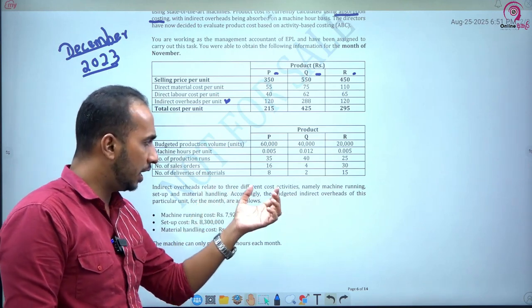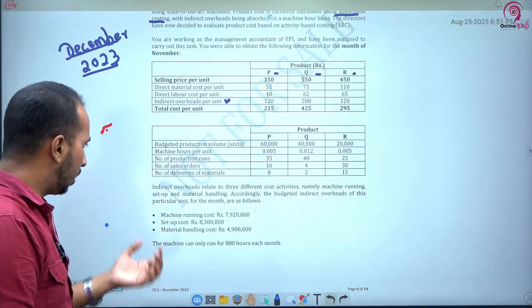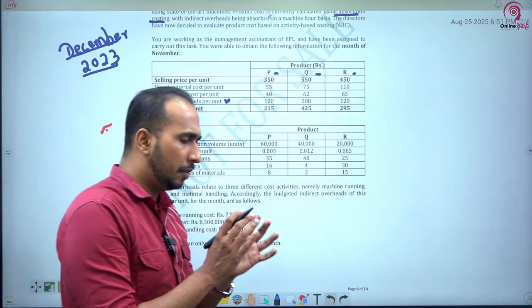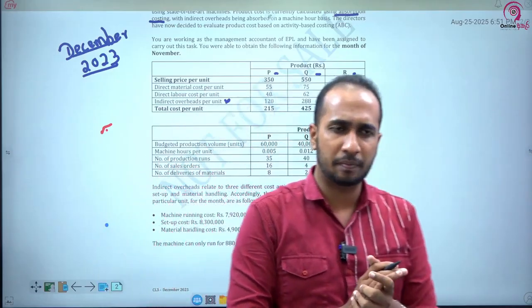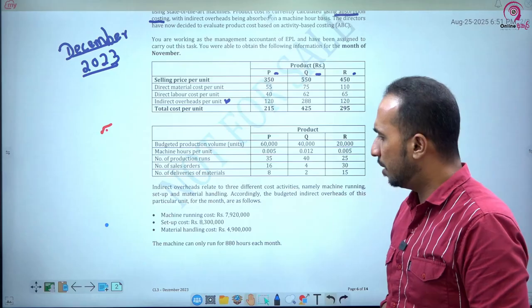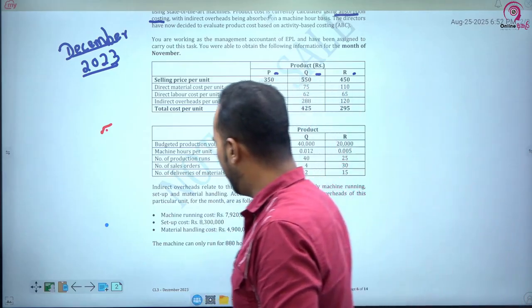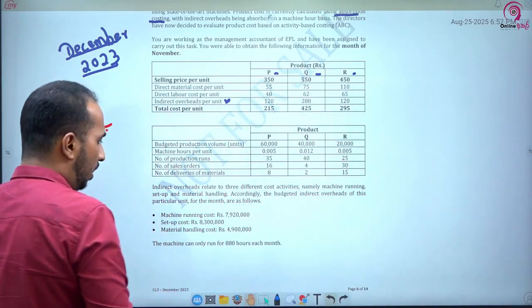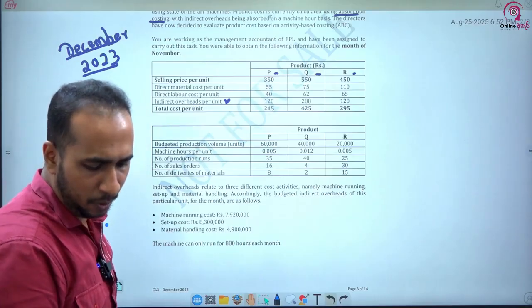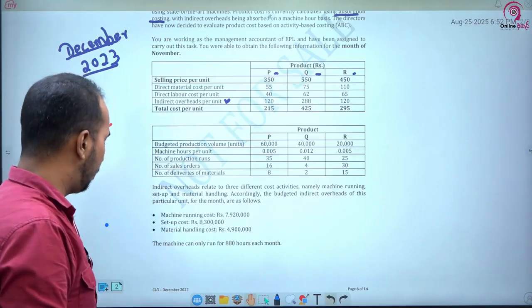Accordingly, the budgeted indirect overhead of this particular unit for the month is as follows. Okay. Now they have identified three major activities and the related cost associated with each activity has been provided. And also they are mentioning the machine can only run for 880 hours each month. Right.